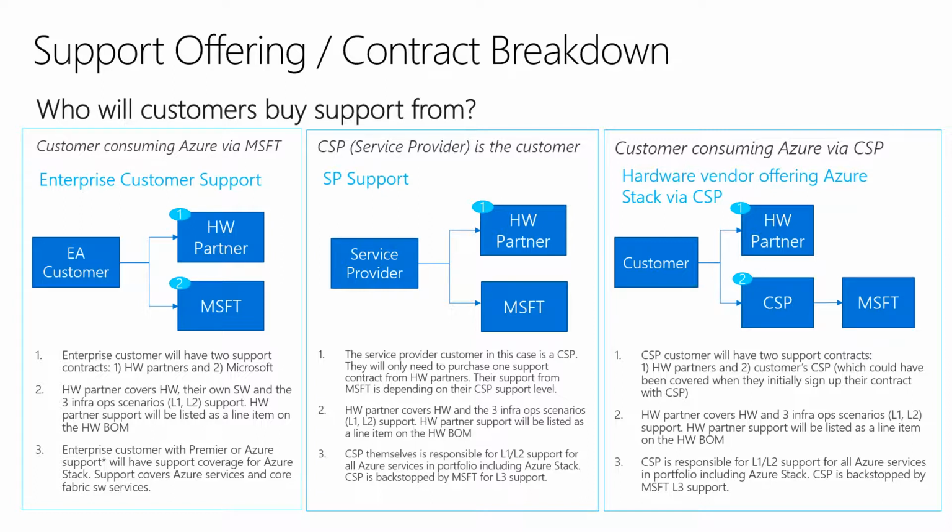And the third scenario on the right side is when a customer gets support via a CSP, a customer that's consuming services from a CSP. You see a model where the customer has a contract with the hardware partner. The hardware partner covers hardware and all the infrastructure operations. And the second contract is with a CSP. The CSP is taking care of layer 1 and layer 2 support. And the backstop is level 3 support by Microsoft.